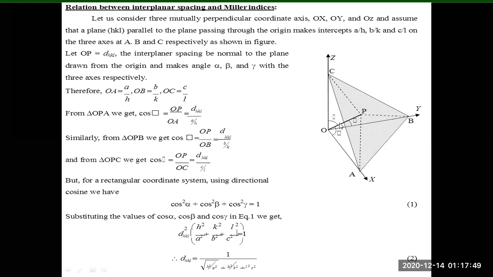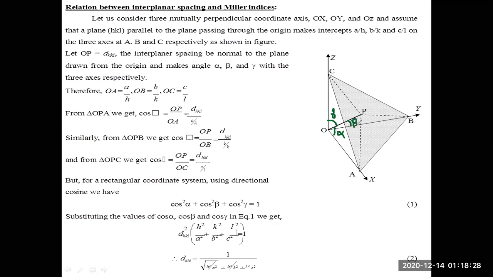Now this aspect can be seen more clearly. I will show you with the pencil. I'm talking about this particular angle here. This angle is alpha. This is gamma, and this is beta with respect to the y-axis.